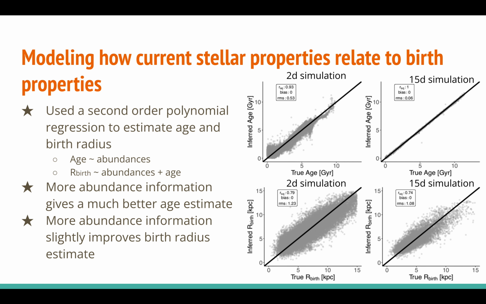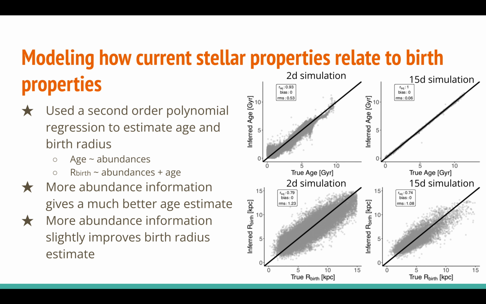I also propose a simple model for modeling current stellar properties. I use a simple second-order polynomial regression in order to estimate age from abundances, and birth radii from abundances and age.